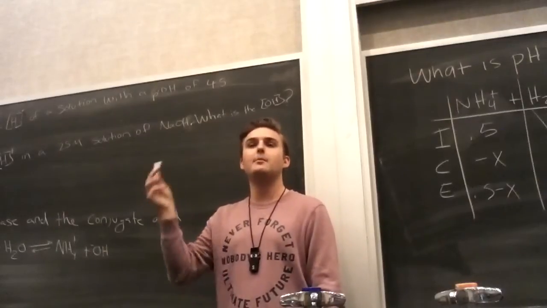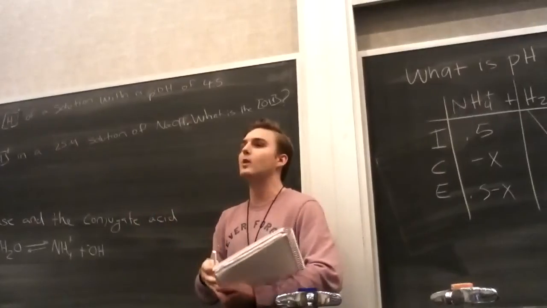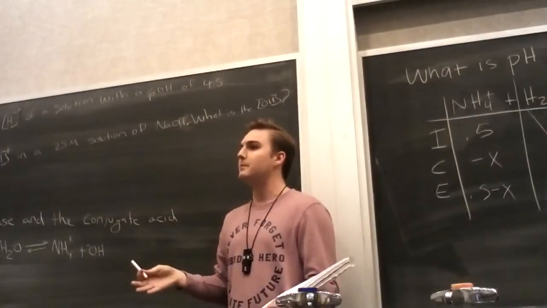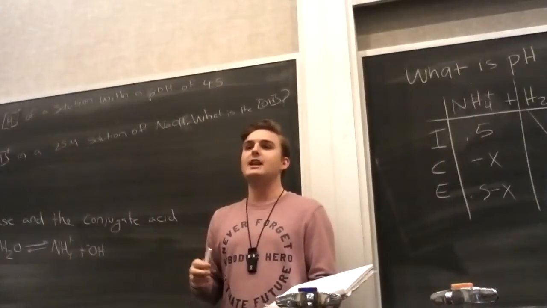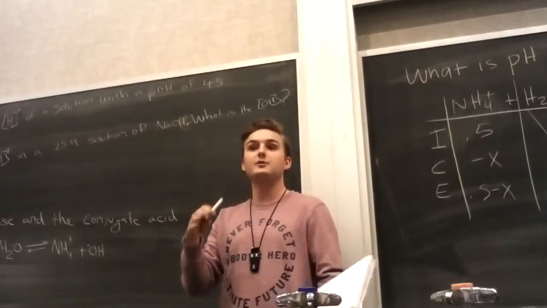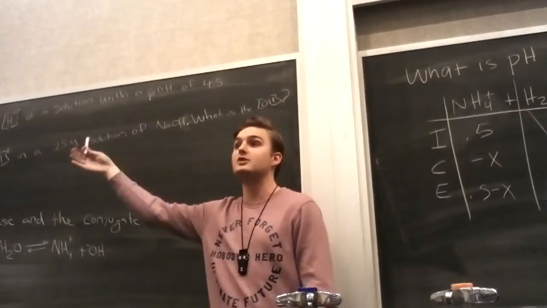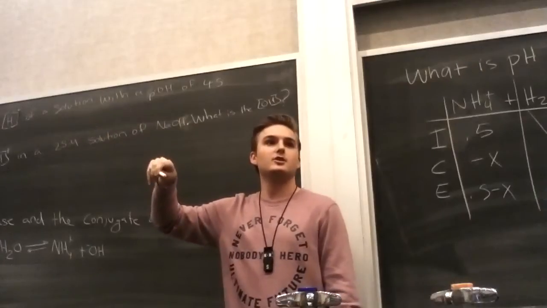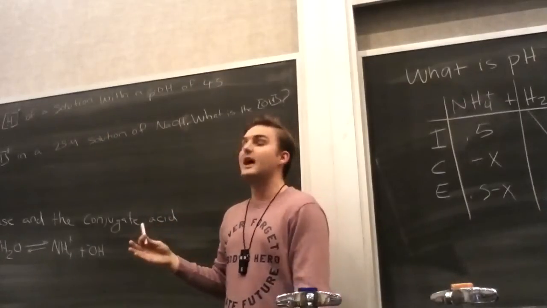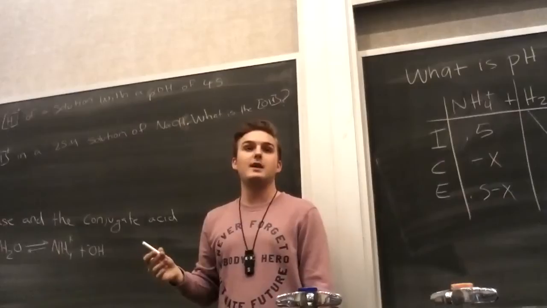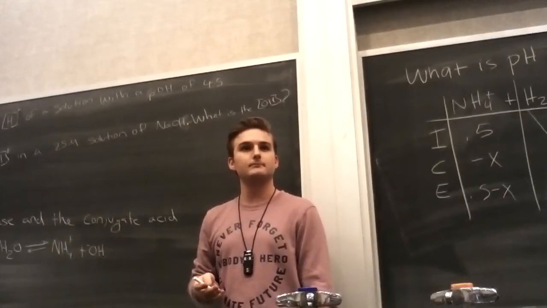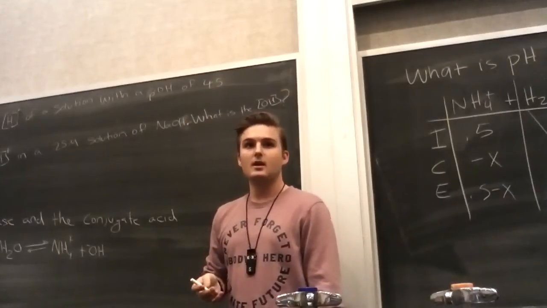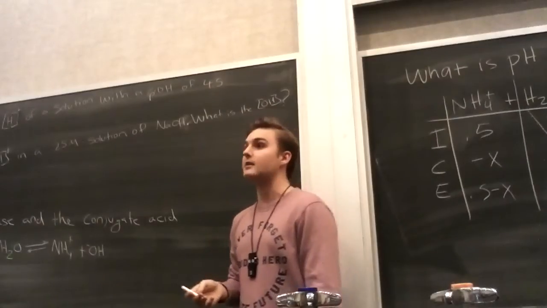There's the trick. A pOH and a pH are related to one another, but they are not the same thing. Both are on a scale of 14, and if I want to get the other one, all I do is take 14 minus the pOH, which will tell me my pH. Then what do I do once I find my pH? I go 10 raised to the negative pH.